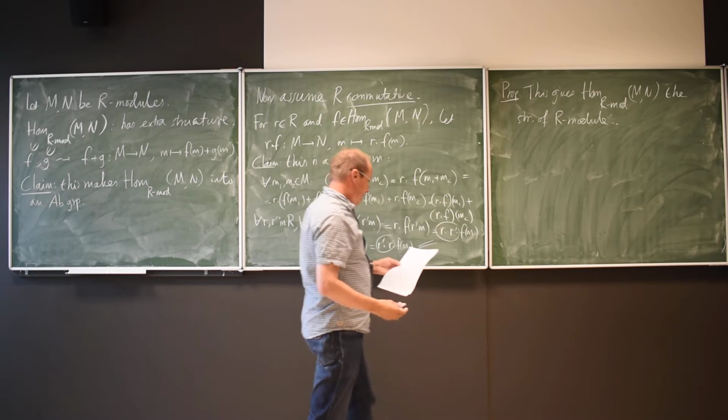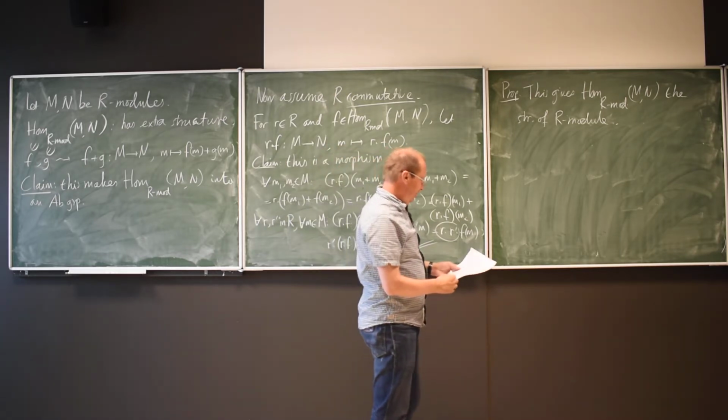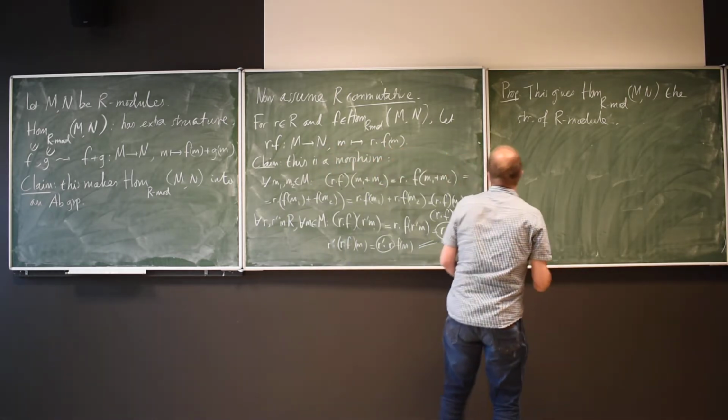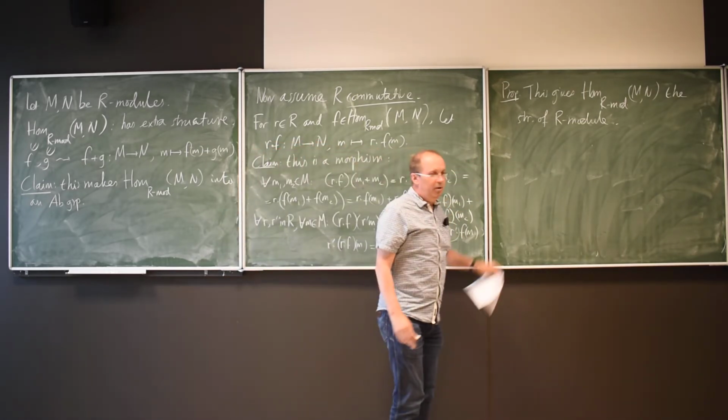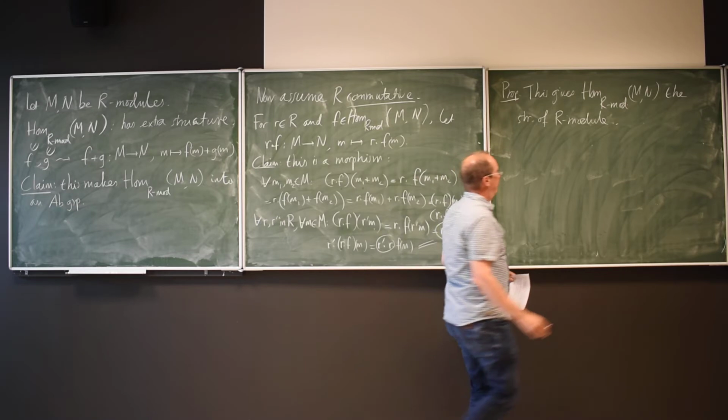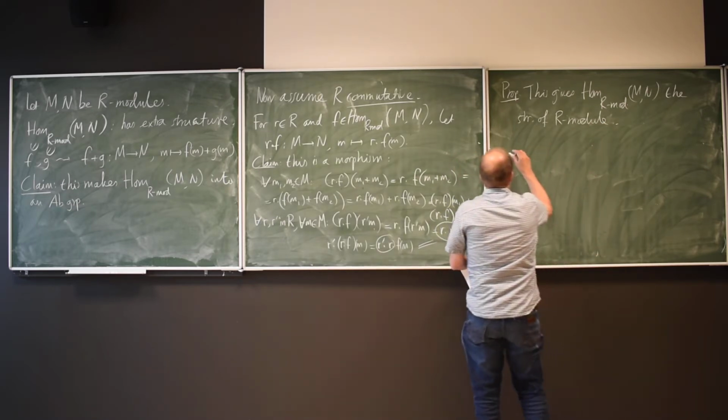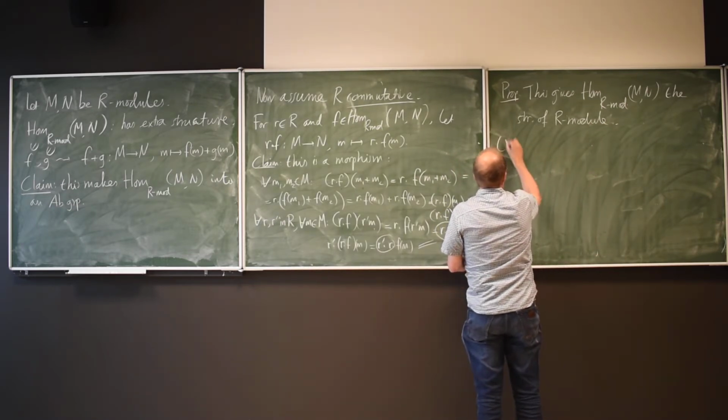That's nice. And one can even say a bit more about the category, but this is how much we can say about the R modules. About the Hom, even more.